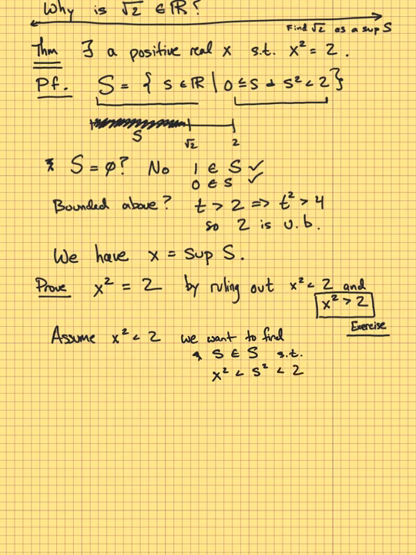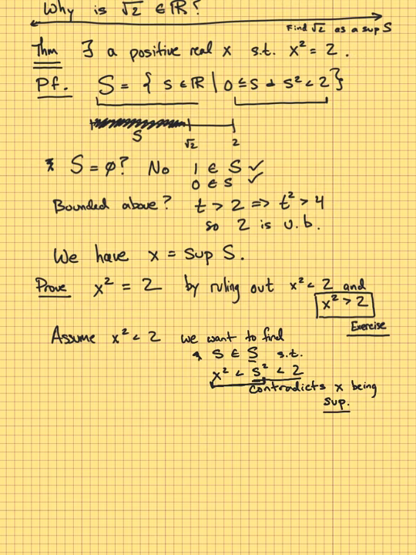And what this will do is contradict x being a sup, because we found an element of S. Well, in particular, we know that s squared has to be less than 2 since it's in this set. The key thing to show is that x squared is less than s squared.